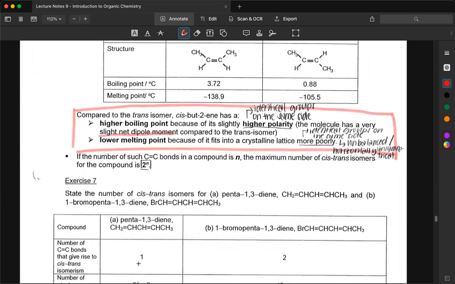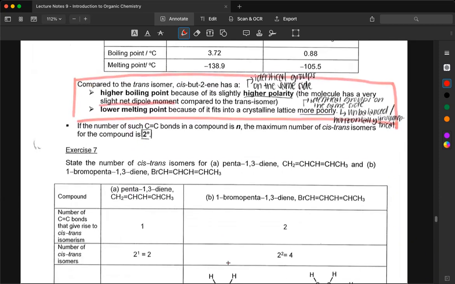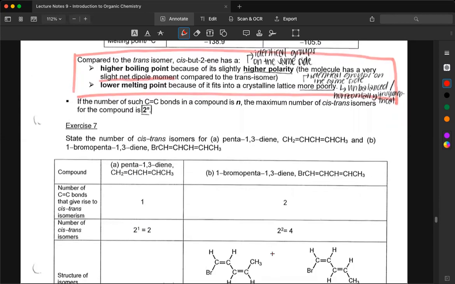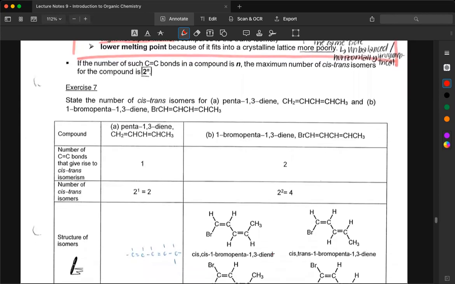So start with the first one here. The number of C=C bonds will be 1, 2. Cis-trans will be 2 to the power of 1. Because there are two double bonds, it's 4 possible isomers of cis-trans.